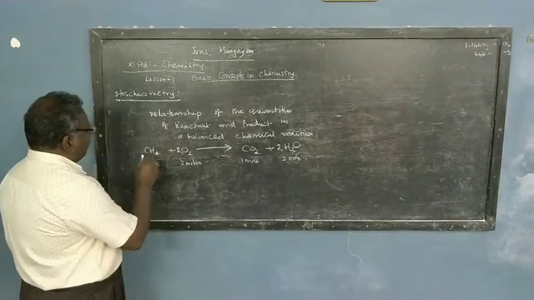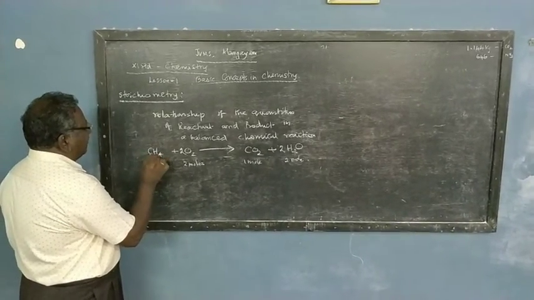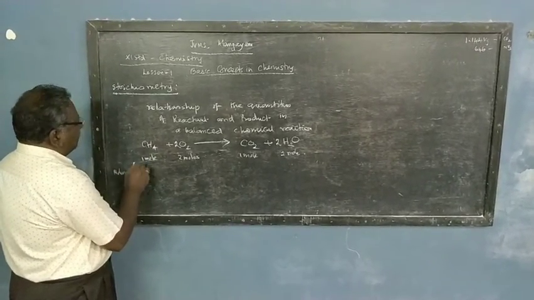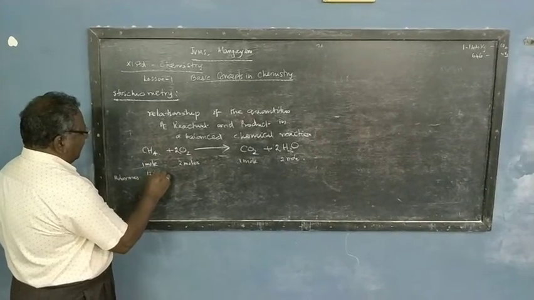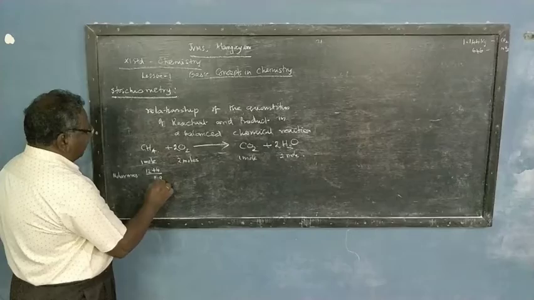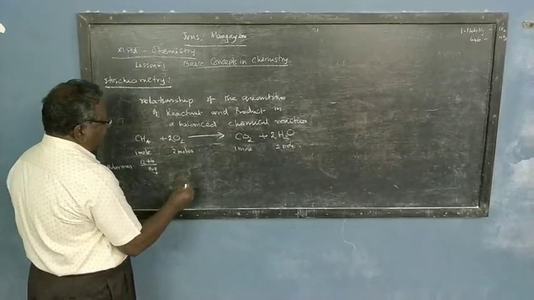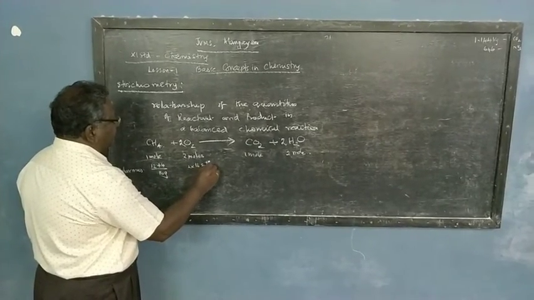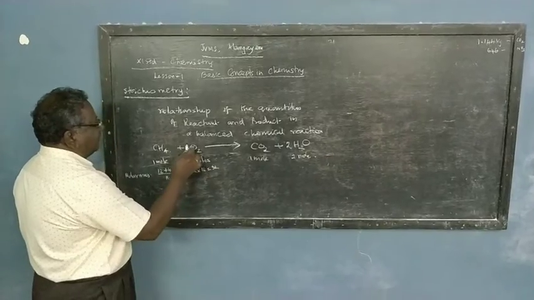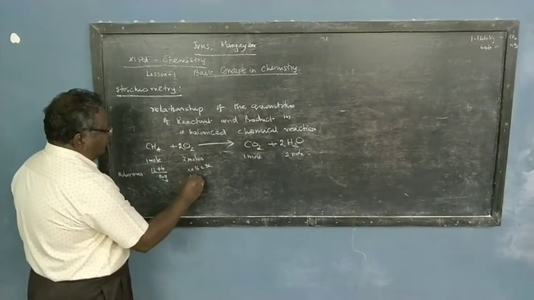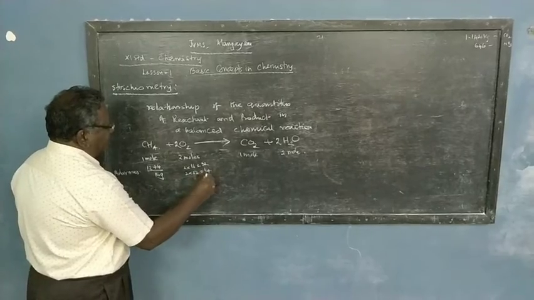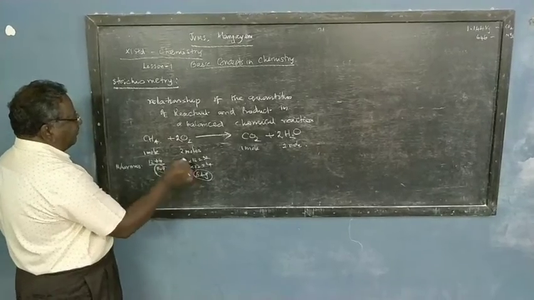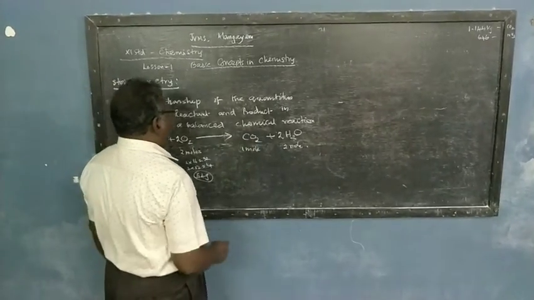Or we can say, what is the molar mass of methane? So carbon 12, hydrogen 4. So 16 grams of methane reacts with what is oxygen mass? It is 2 into 16, 32. That is 1 oxygen. 2 oxygen, again 2 into 32, 64. Therefore 64 grams of oxygen reacts with 16 grams of methane to form carbon dioxide.